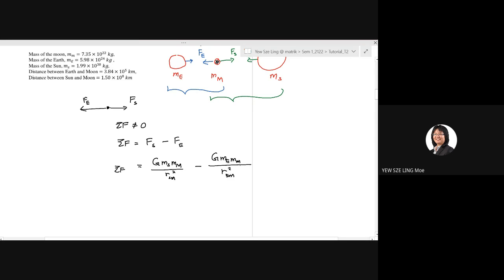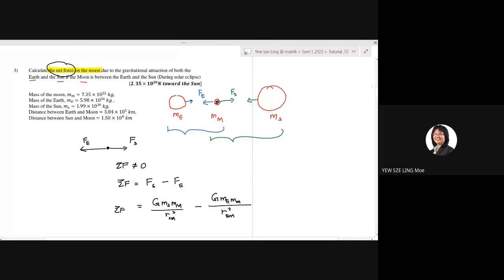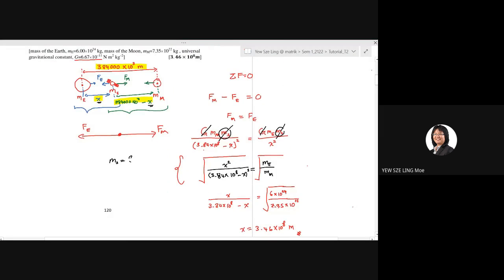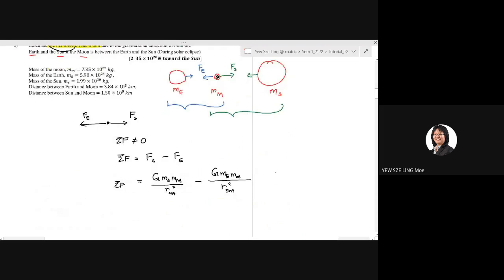It is unlike when you have one equation with one side on the left hand side and the other on the right hand side. In that step you can cancel, because the left hand side is equal to the right hand side. But now both terms are located on the right hand side, so you cannot simply cancel out the G and Mm.